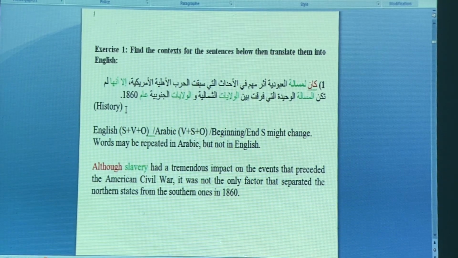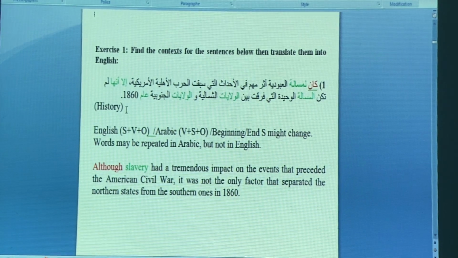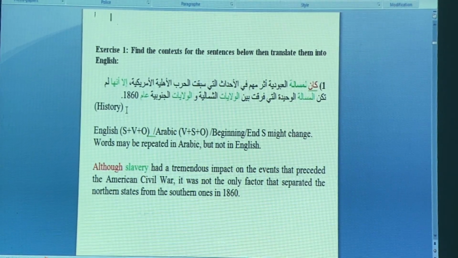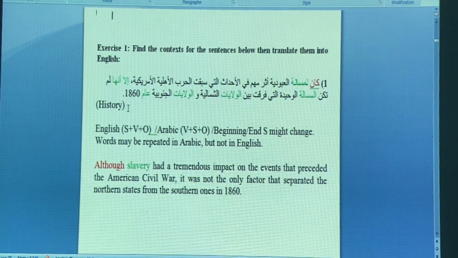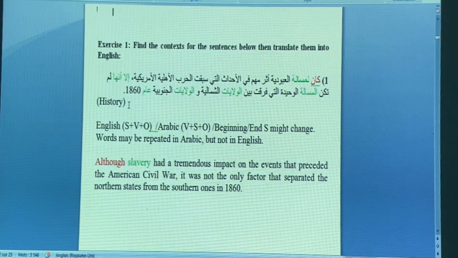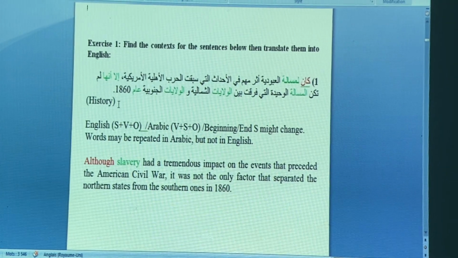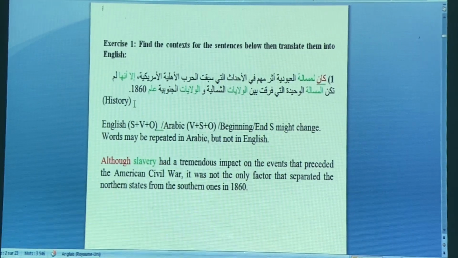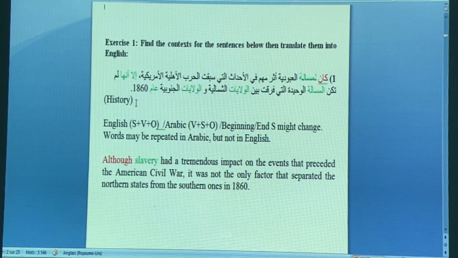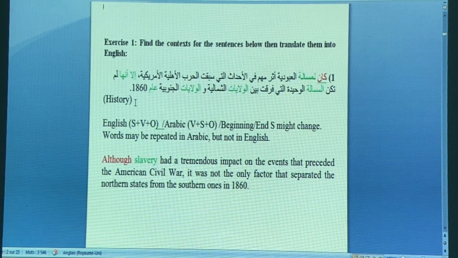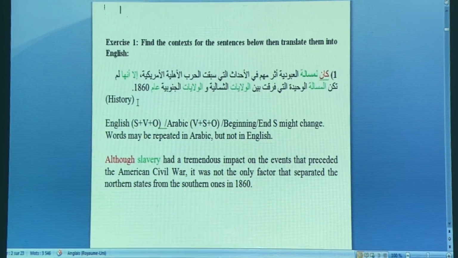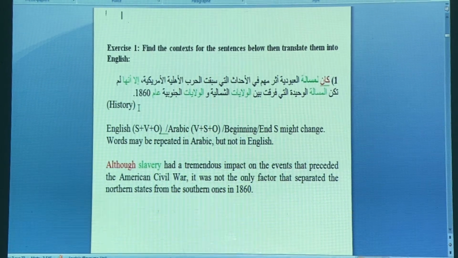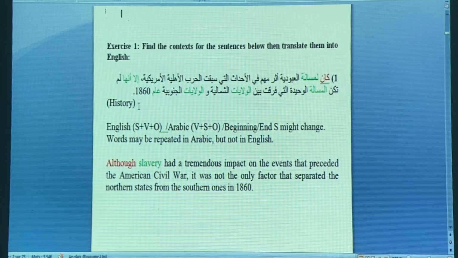You have to be careful, and when you translate from Arabic into English, your English must be perfect. You must respect the grammatical rules of the language. Avoid repetitions, and whenever you have words like here مسألة العبودية, you don't need مسألة, you just say slavery. In other contexts, probably when you have مشكلة كذا or موضوع كذا, probably you can keep them, but in this sentence you don't need to.